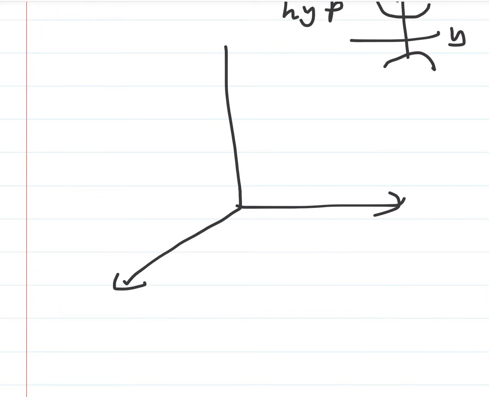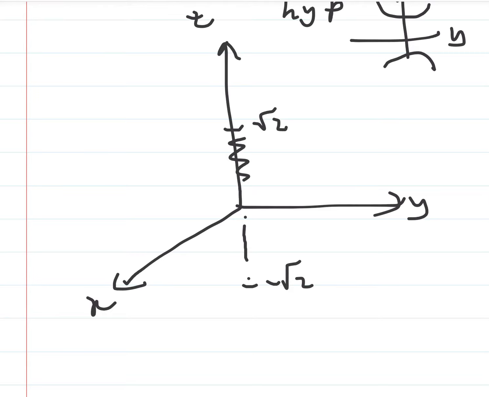If this is your x and y system of axes, and if this is your z axis, then z or k cannot be between minus root 2 and plus root 2. So somewhere there is a root 2, and somewhere below is a minus root 2. And these are values of z, or what we called k early on, that are not allowed. In other words, it produces a contradiction.